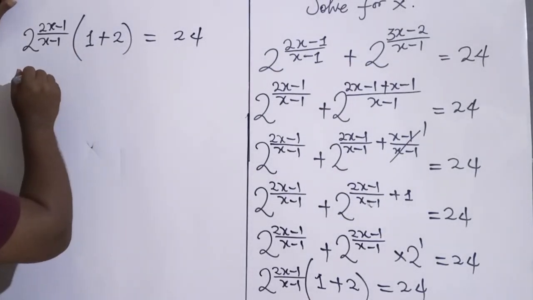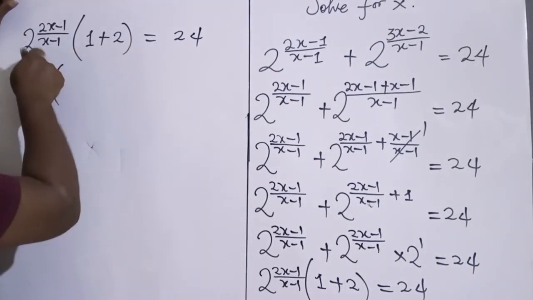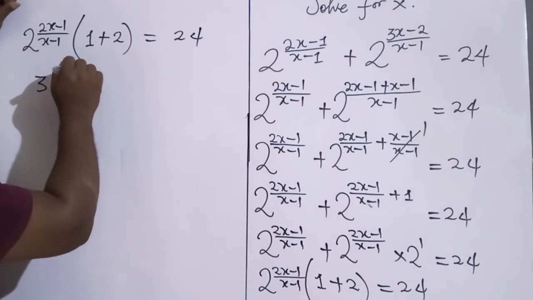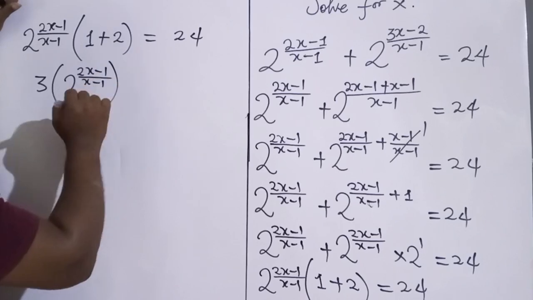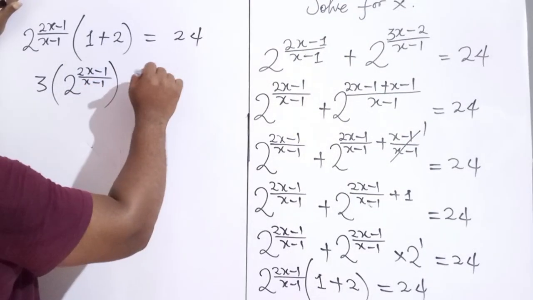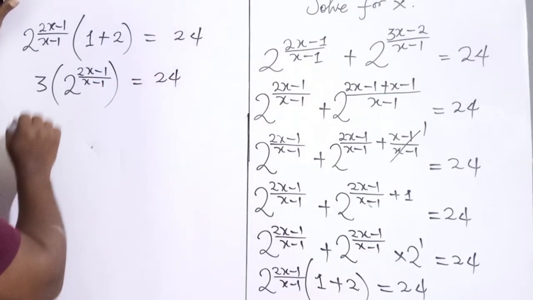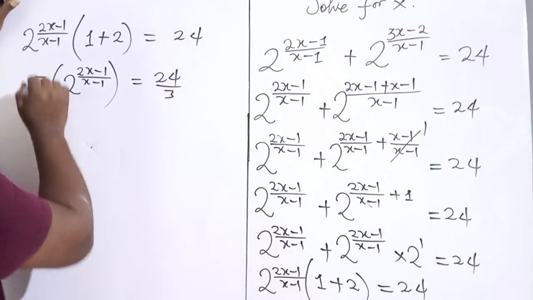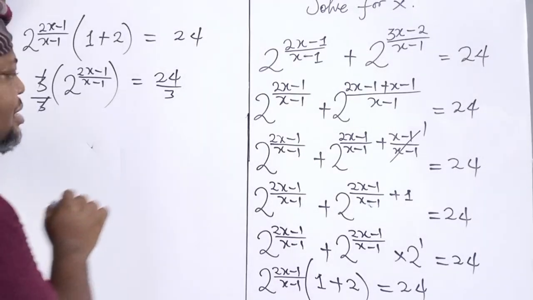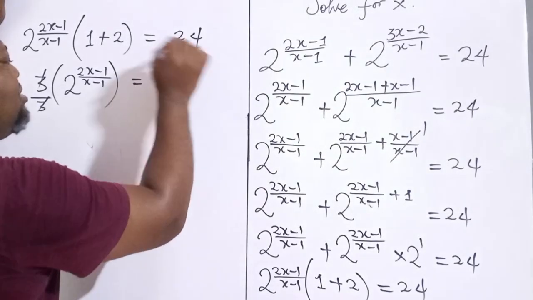I'll be having 3 bracket this one to the power of (2x minus 1) over (x minus 1) in bracket equals to 24. So I'll now divide by 3. Divide by 3. It should take care of this, right? I will now have 8 here on division.